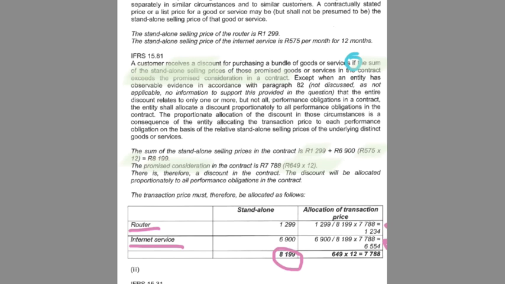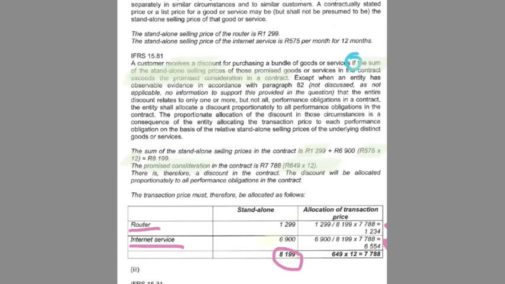So for the router, you take the standalone selling price of the router, you divide that by the sum total of all the standalone selling prices, and then you multiply that by the consideration to get the portion of the consideration specific to the router. So you do the same for the internet service.